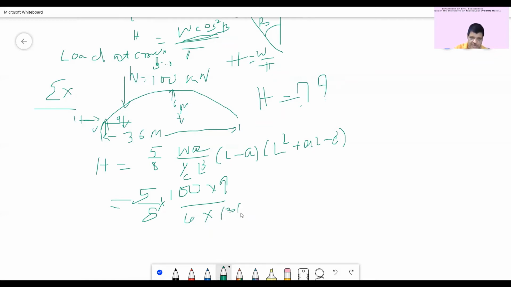So you can get 36 cube. Then L minus A means 36 minus 9. Then you can multiply this 36 square plus A into L is equal to 9 into 36 minus 9 square. So if you do all the calculations, this comes out to be 83.5 kilonewton. You can directly put the value.